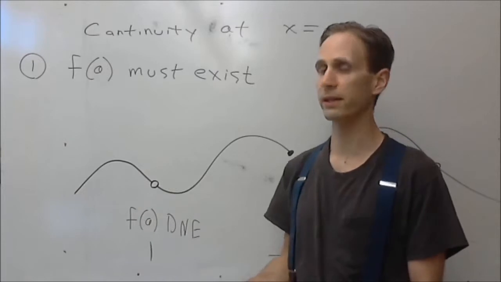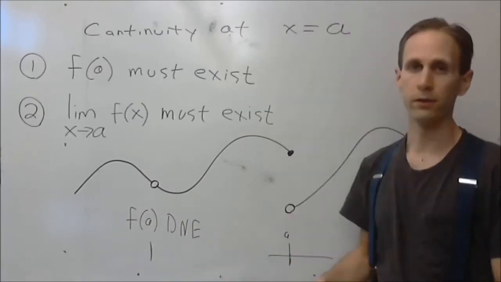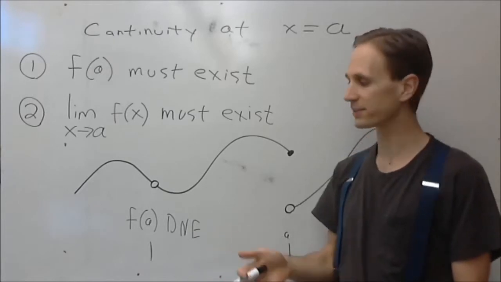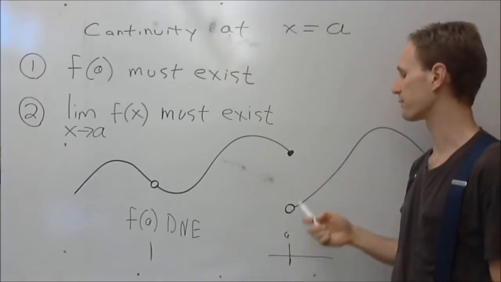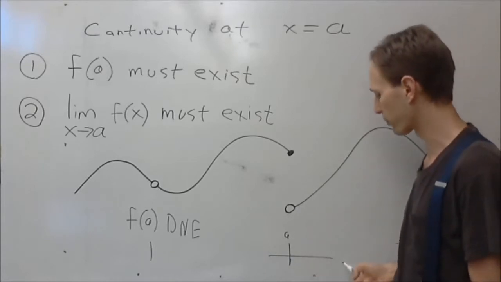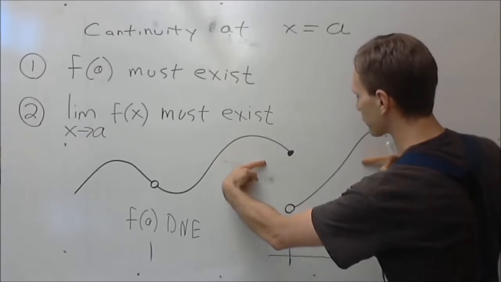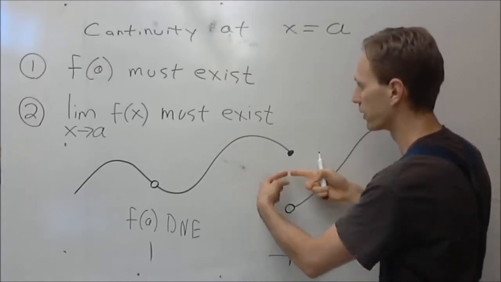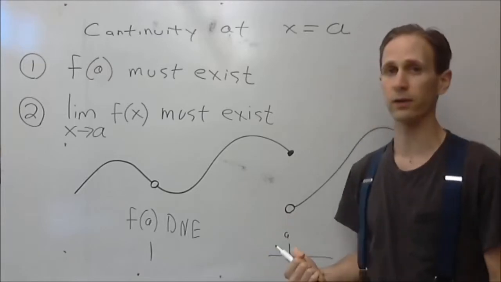F of a must be at least defined if the function is going to be continuous. The second condition is that the limit as x approaches a must exist. If the function from either side isn't going to the same value, then the function is going to be discontinuous at that x value.